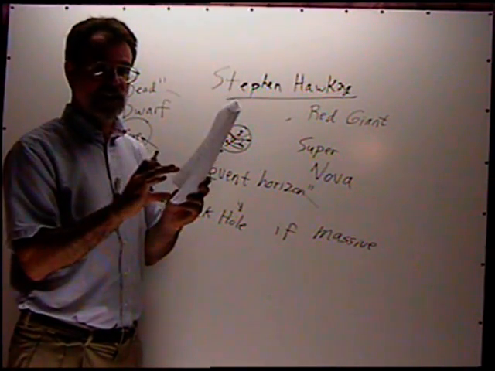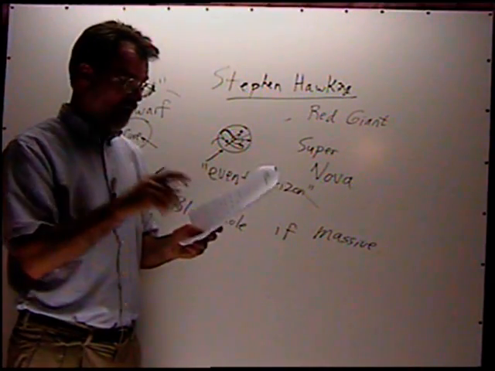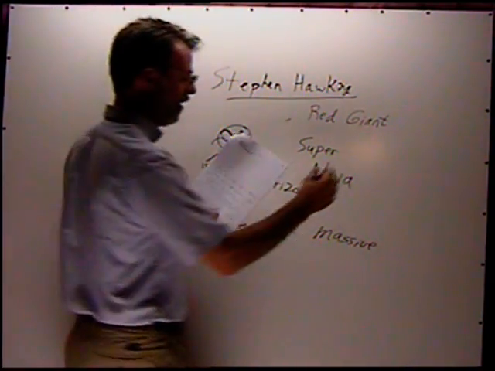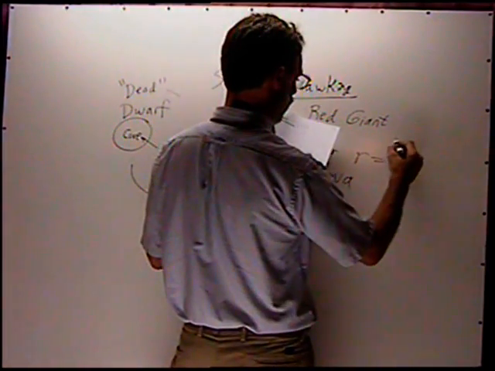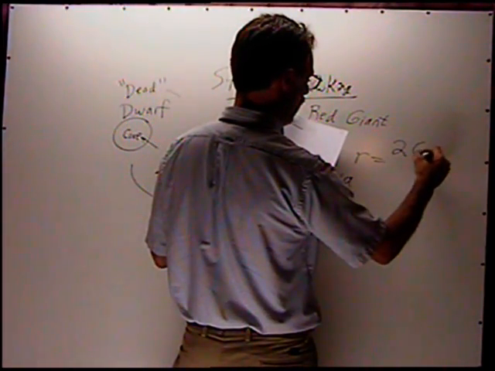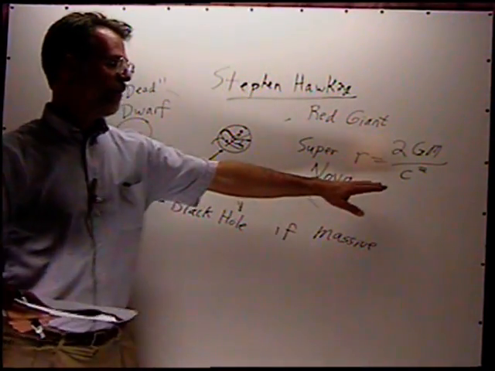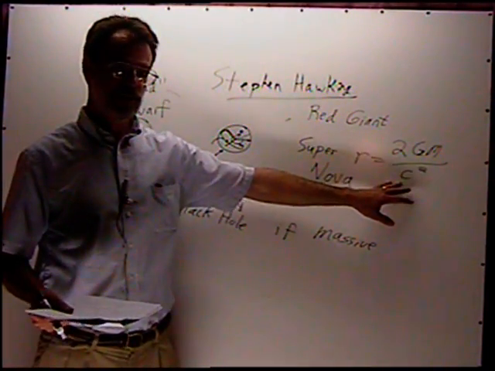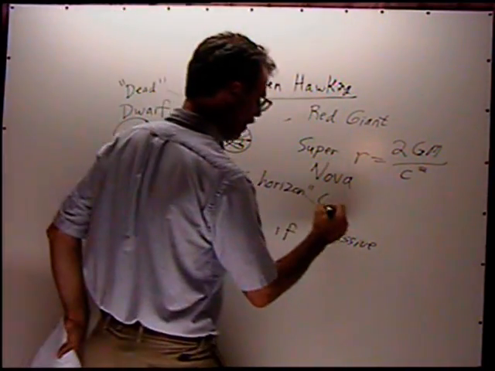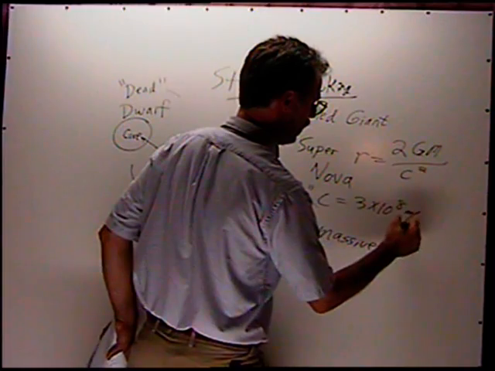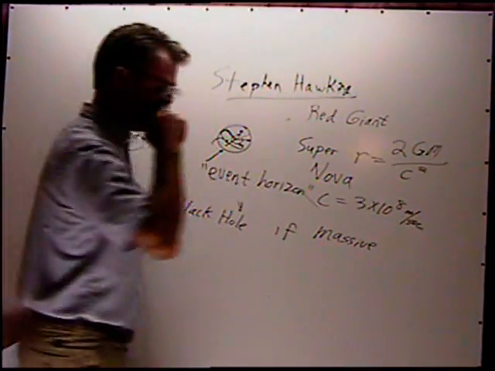At that small radius, it would turn into a black hole. This is an approximate formula of how to calculate that: R equals 2GM divided by c squared, where c is the speed of light. The speed of light is 3 times 10 to the 8th meters per second.